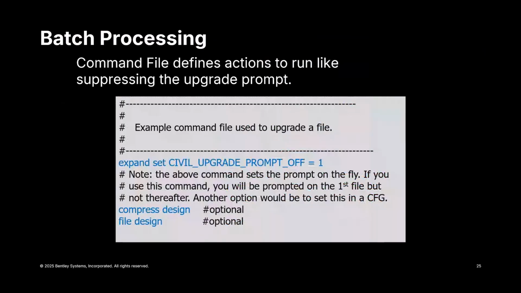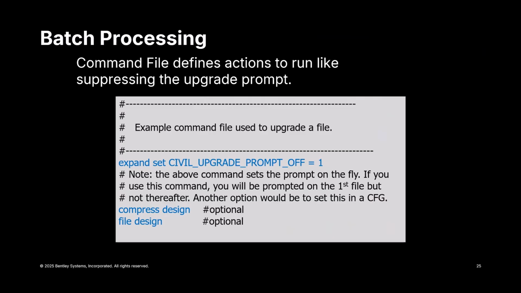Now, I said the text file, the command processing file, you don't really need anything in, and you certainly don't, but there are a few things that you may want to put in there. The first one is the line in blue, the one you see right in the middle. If you're doing this batch processing, you're not going to want to sit there every time it tries to upgrade a file and have to click yes on that prompt of do you want to open this file or not.